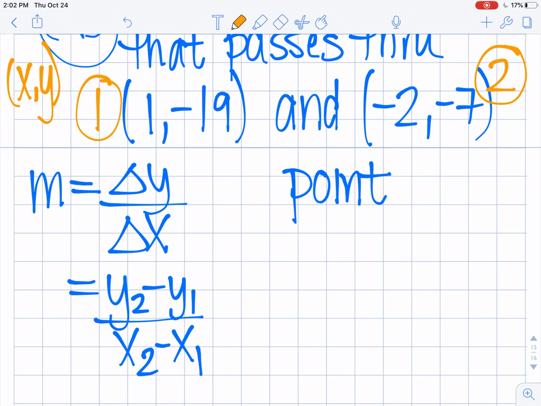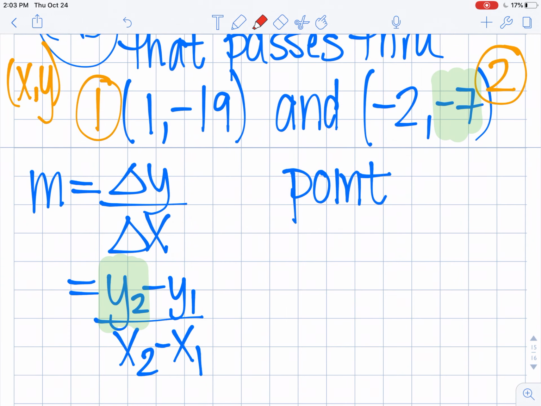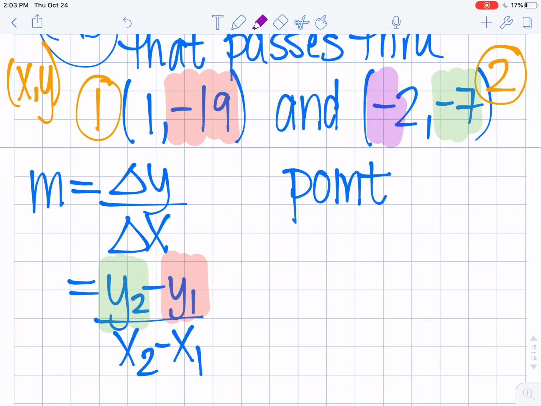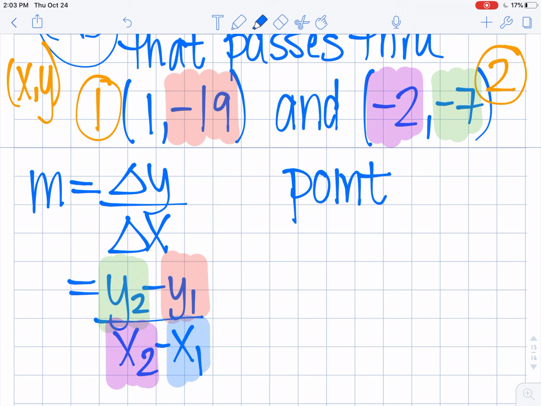In point number 2, what's my y value? In point number 1, what's my y value? In point number 2, what's my x value? And in point number 1, what's my x value?